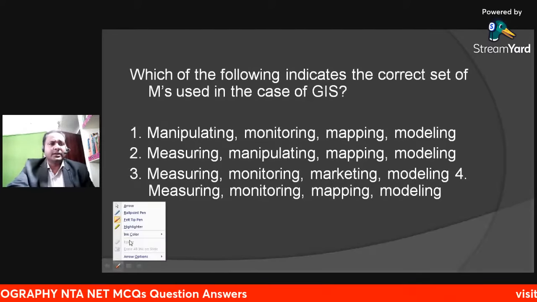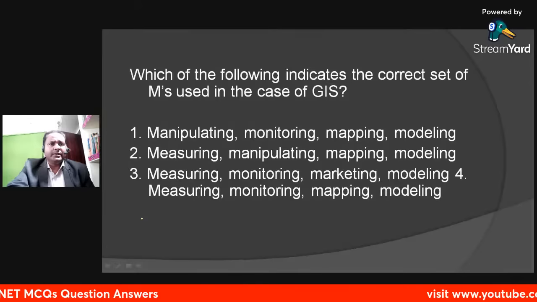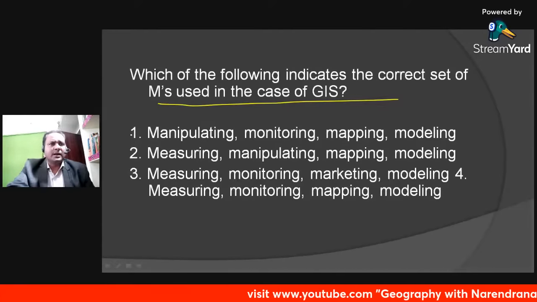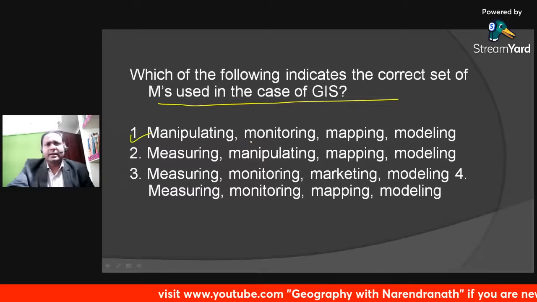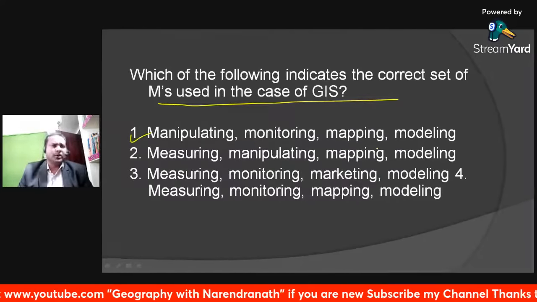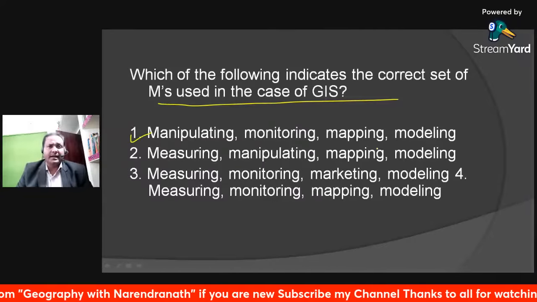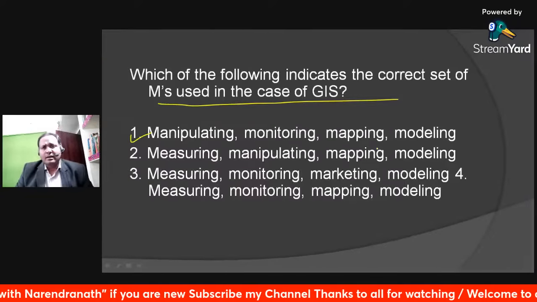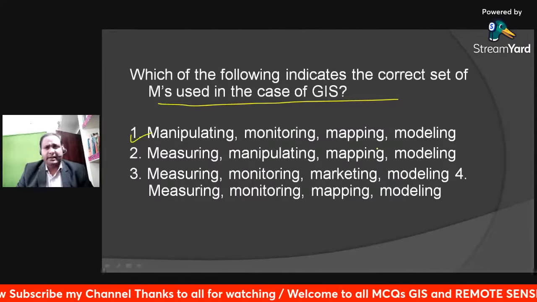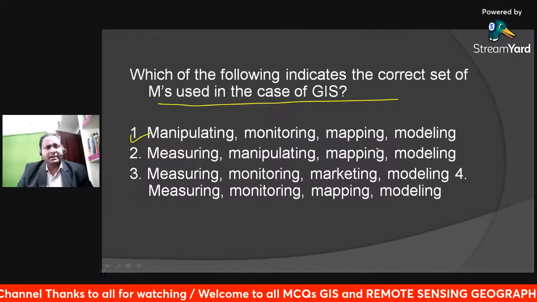Basically, this question is very important. Option one is manipulating, monitoring, and mapping, and modeling and measuring. Option two is manipulating, mapping, and model. The third option is measuring, monitoring, making, and modeling. And the fourth option is measuring, monitoring.